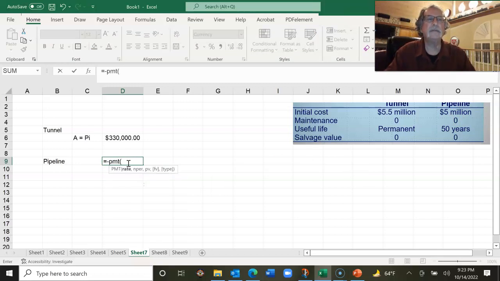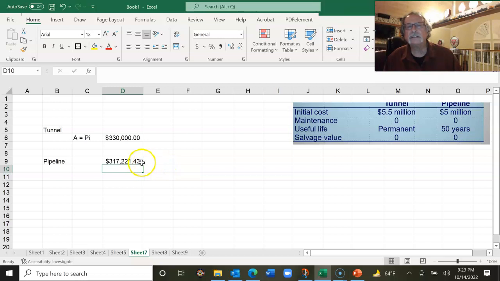And the rate is going to be 6%. The life is 50 years. And the payment is the $5 million. So that's the $317,000 that we saw in the PowerPoint slide.